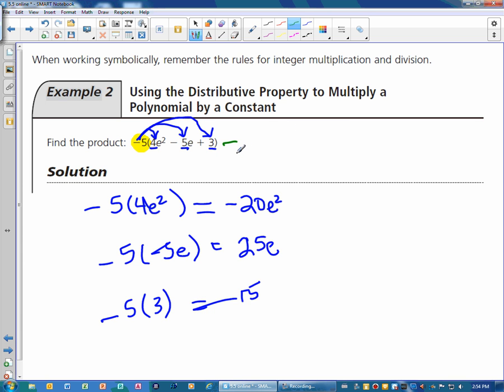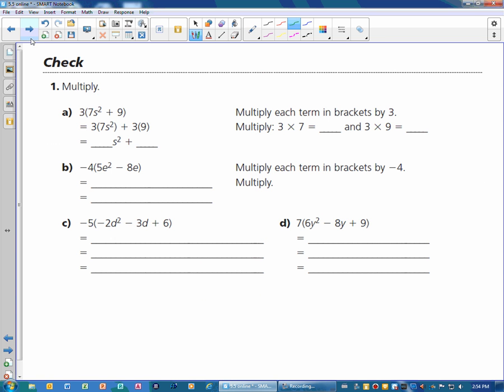My answer is negative 20e squared plus 25e minus 15. Okay, that's the distributive property. Make sure that the thing on the outside gets multiplied by everything on the inside. Okay, pause, do the check, and come back, please.